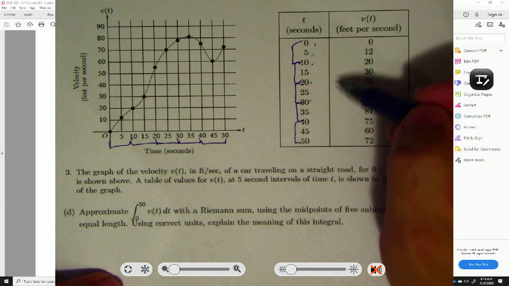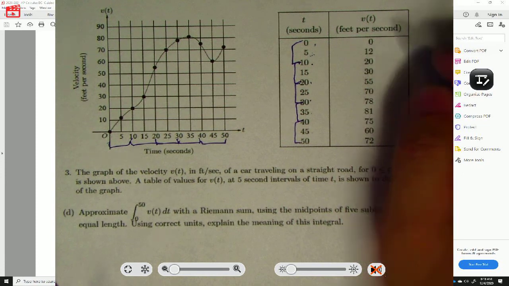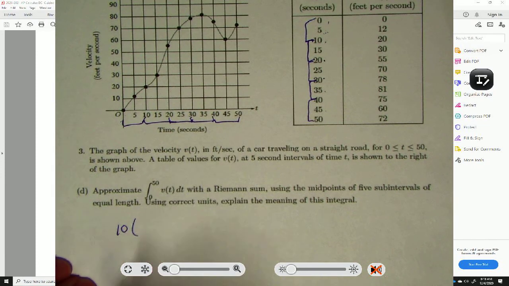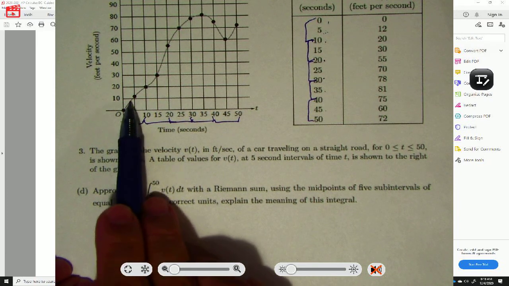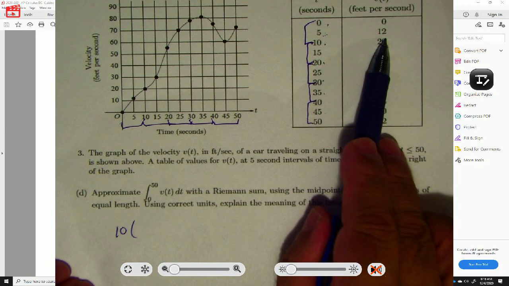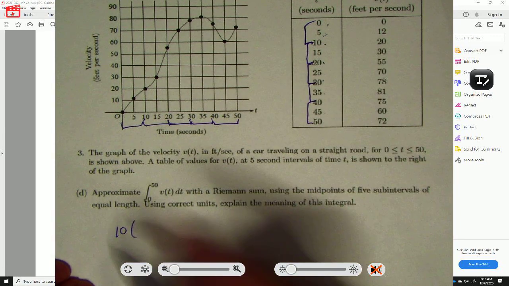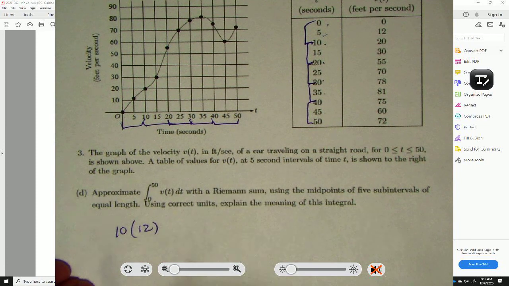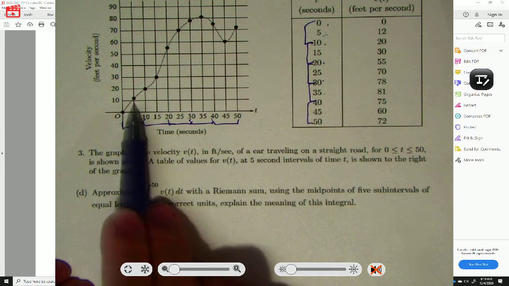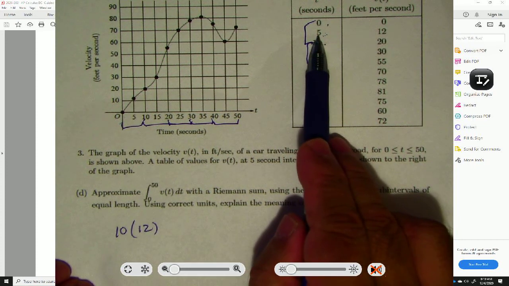Here's what we're going to do. Each subinterval is 10 units wide, so I'm doing base times height, and the height is determined by the midpoint of that subinterval. We have this table to tell us the exact value, so you don't have to guess. The height of the first rectangle is 12 units, at the 5-second time.